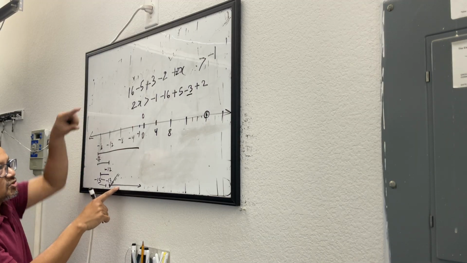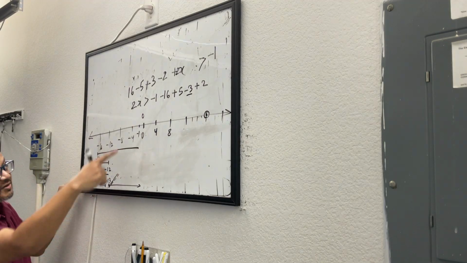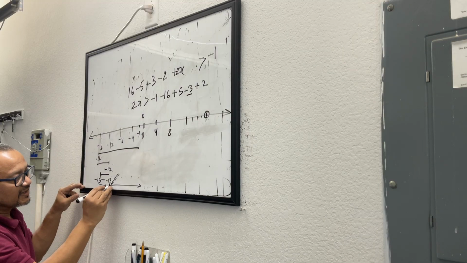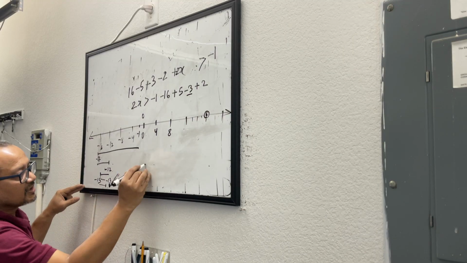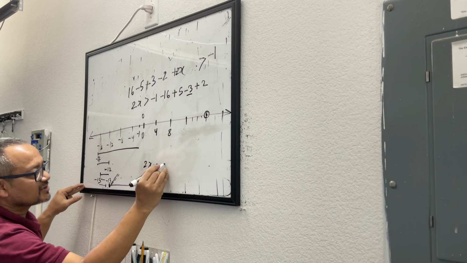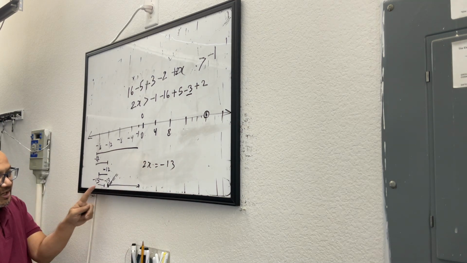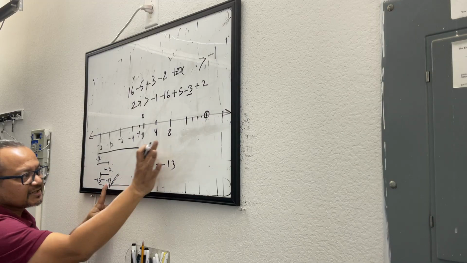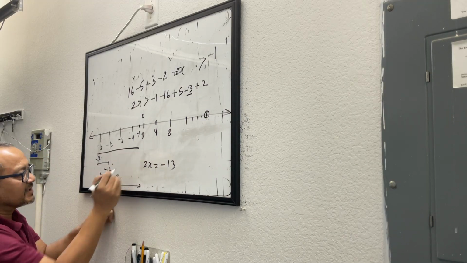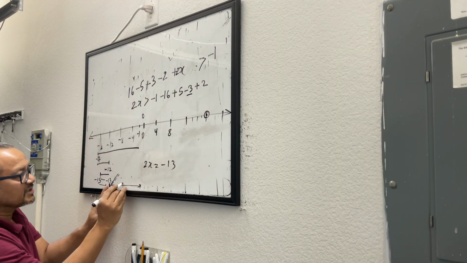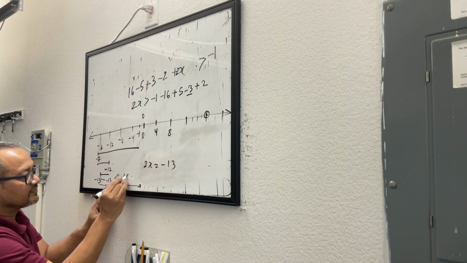So 2x is greater than minus 13. So whatever be the value of x, let's assume that 2x equals minus 13. I'm talking about x equal to half of this distance, which will be minus 6.5.